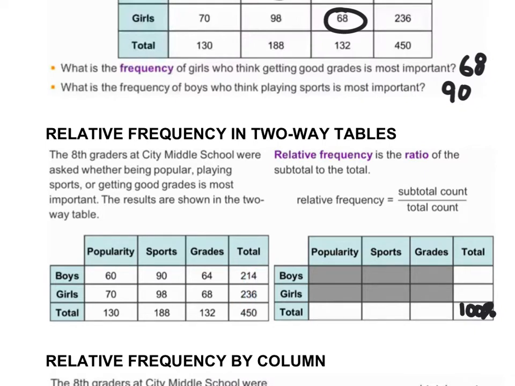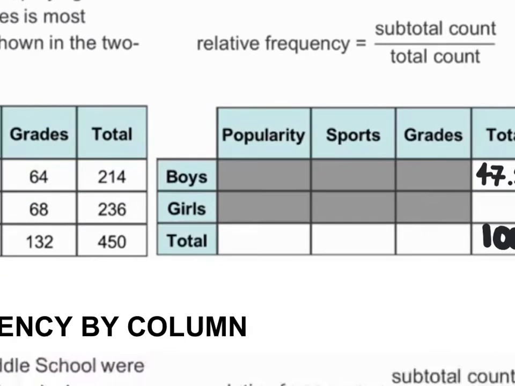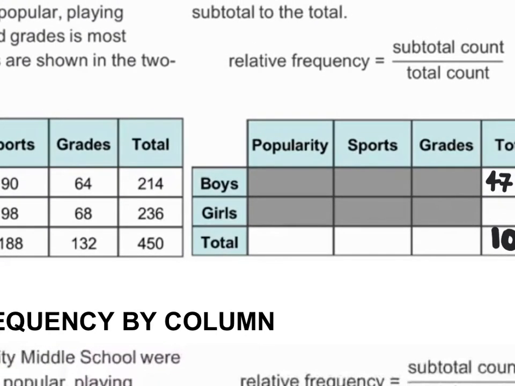All I'm going to do is take 214 and divide it by 450. So 214 divided by 450 gives me approximately 47.5%. Now the other thing I want to do is 236 divided by 450 to determine the percentage of girls.